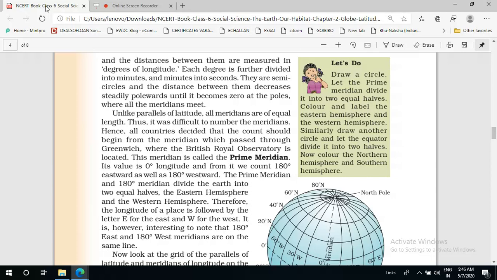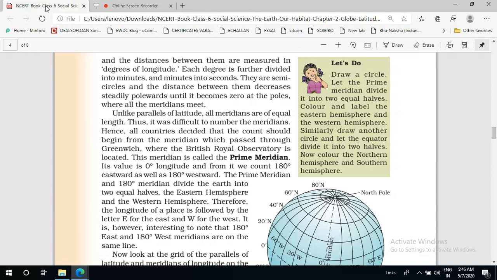And one more thing which I have told you is that this 0 degree meridian and 180-degree meridian divide the earth into two equal halves, that is, the eastern hemisphere and western hemisphere.